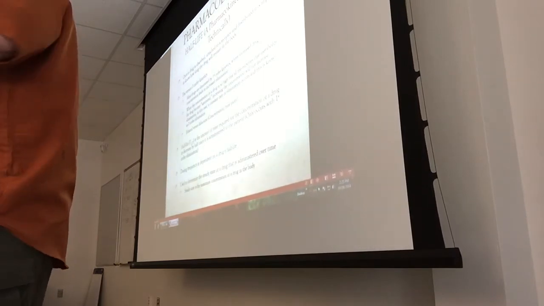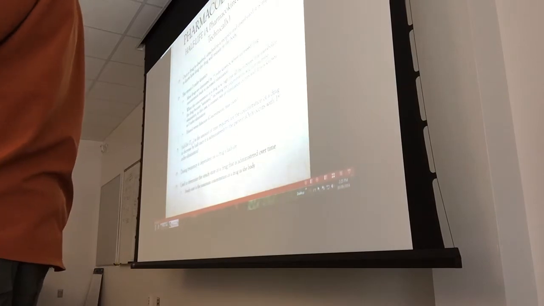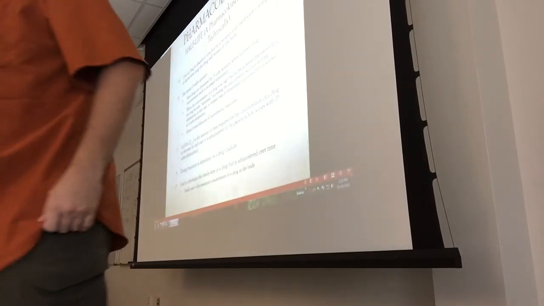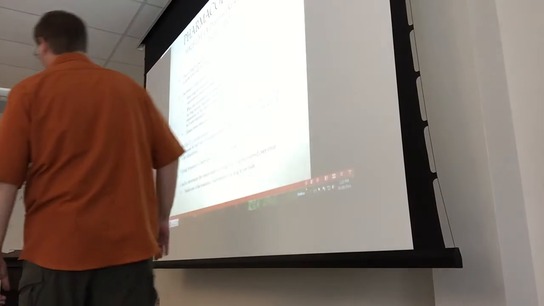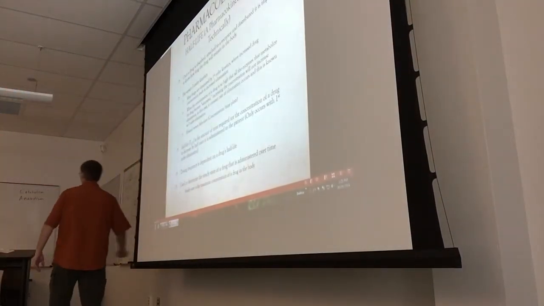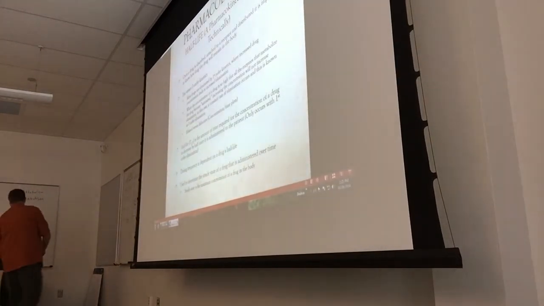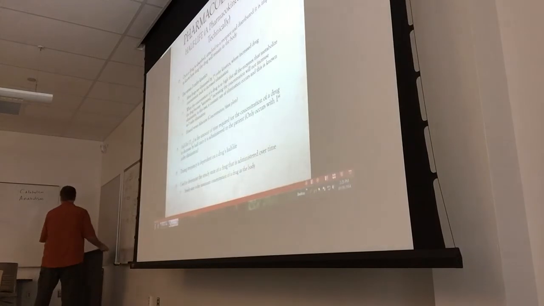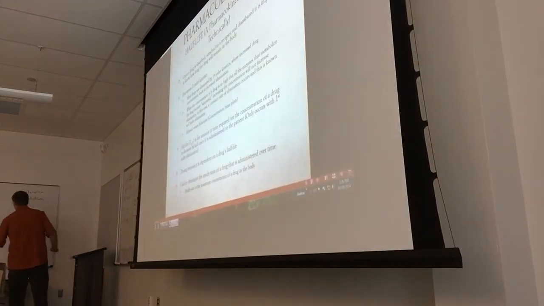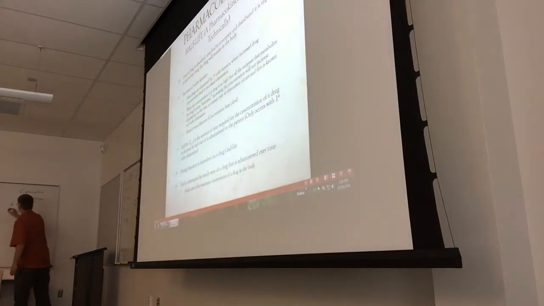I have something known as zero-order elimination kinetics. Zero-order elimination kinetics is a constant rate of elimination. So if I were to graph the elimination of a drug with zero-order kinetics, it might look something like this.